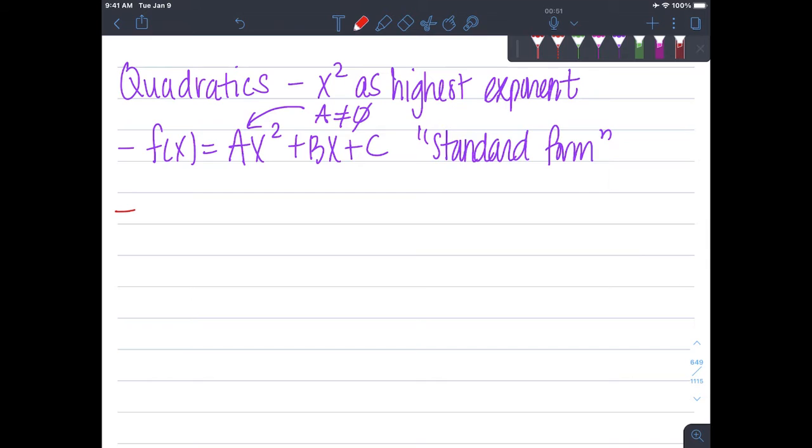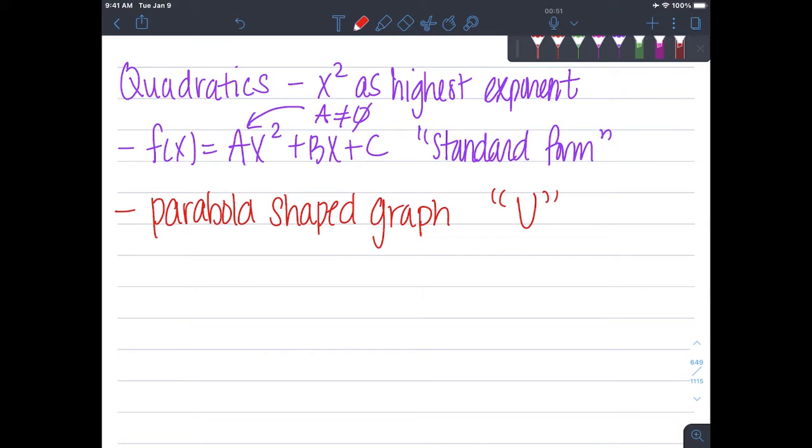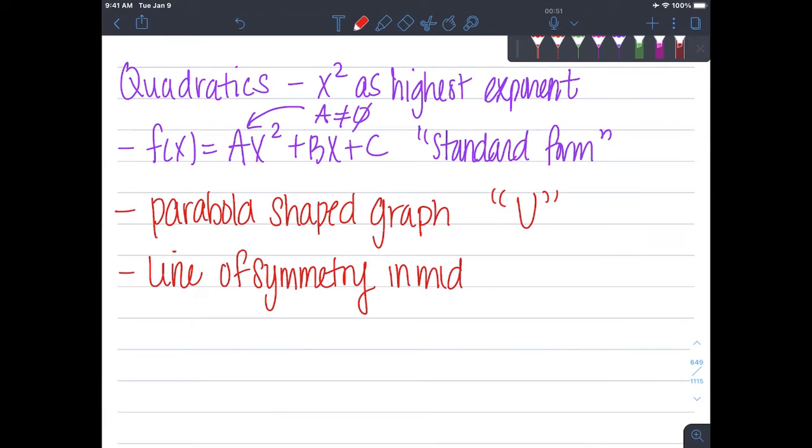Instead of graphing as lines, these graph as what is called a parabola. It looks something like a U or a V. It has a line of symmetry in the middle, and this is called my axis of symmetry.